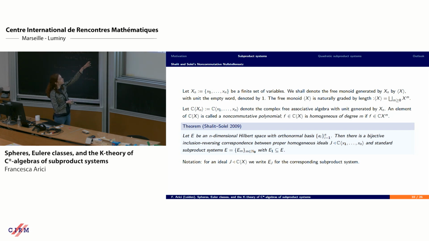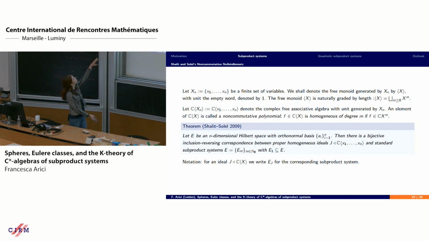And then I discovered that Shalit and Solel have something very algebraic in their paper, which they call a Nullstellensatz for non-commutative polynomials. So basically, they prove that there is a one-to-one correspondence between homogeneous ideals in polynomials in non-commutative variables and subproduct systems of Hilbert spaces, like the one I described before.